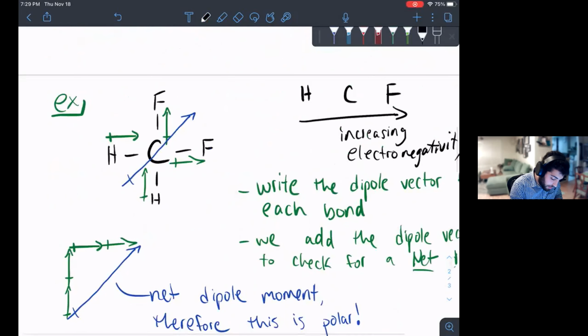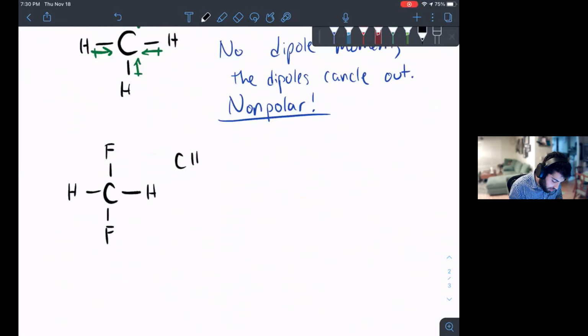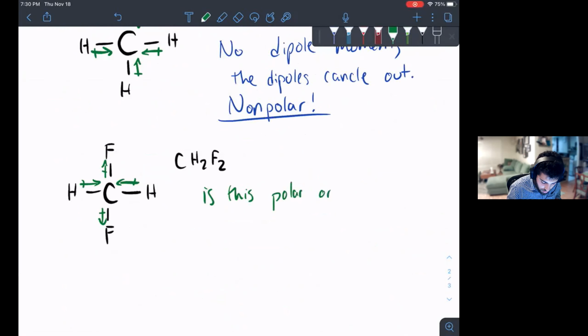We have CH2F2, and we still have CH2F2. But in this diagram, it looks like all the arrows are going to cancel out. So is this polar or non-polar?